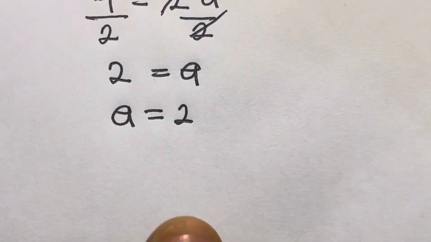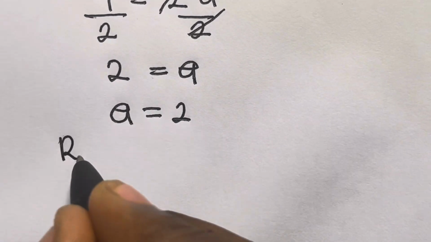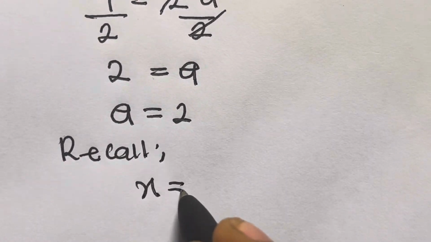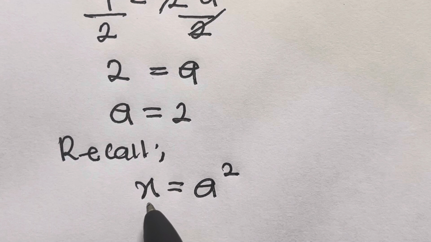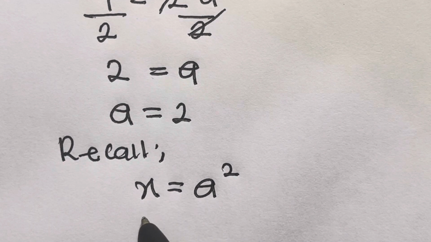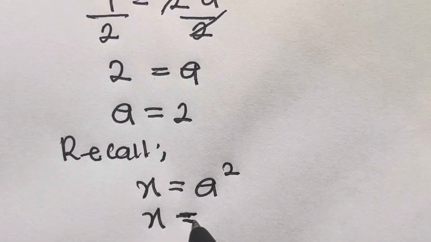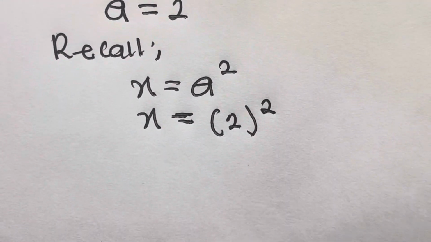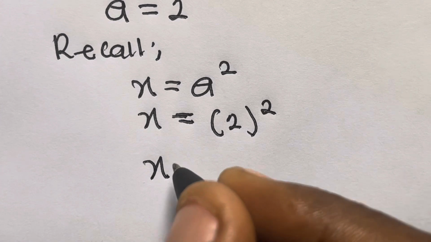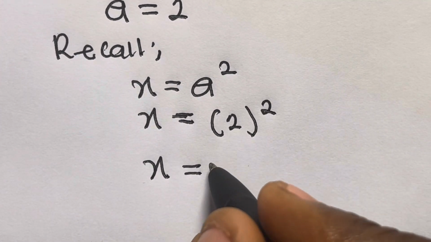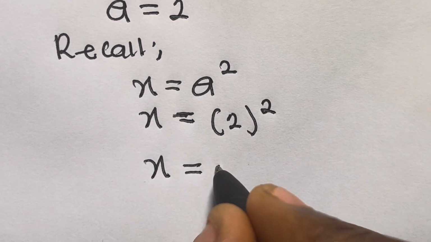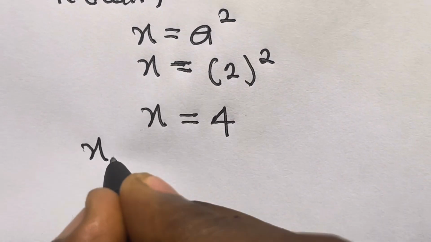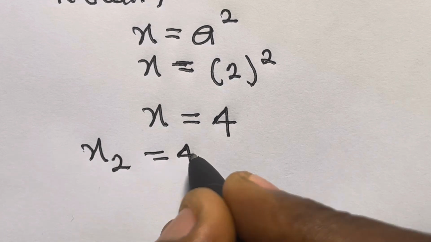Again, we are not looking for a, we are looking for x. Recall that x equals a squared. So x equals 2 squared, which gives us 4. You can declare that our x2 equals 4.